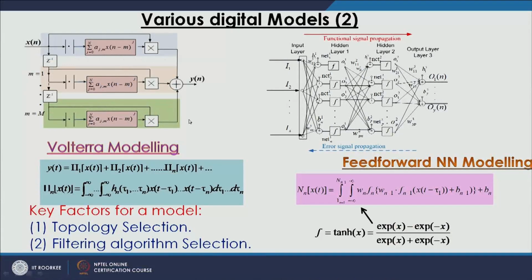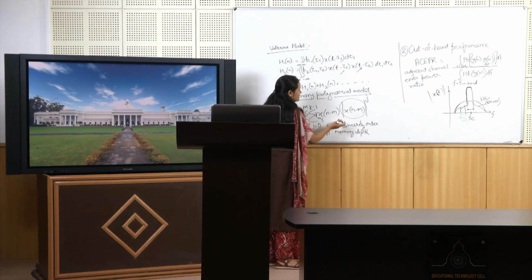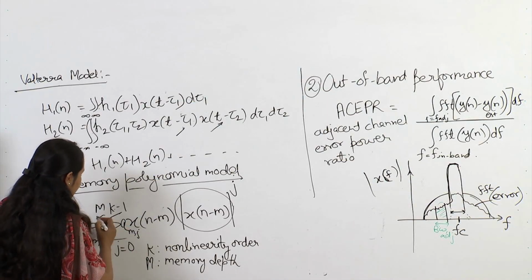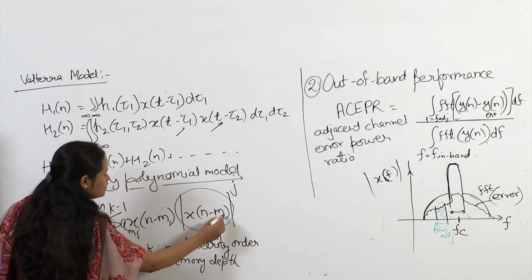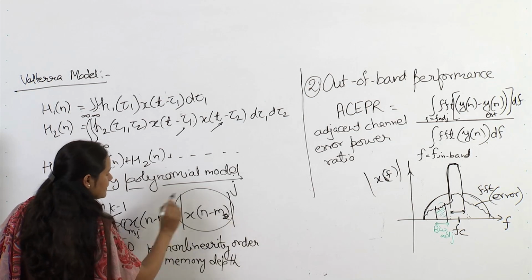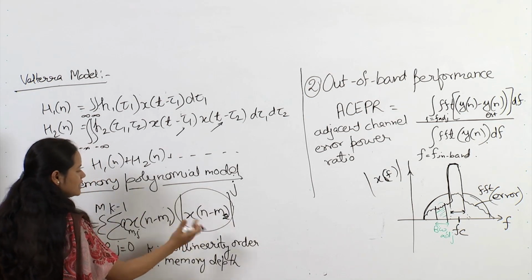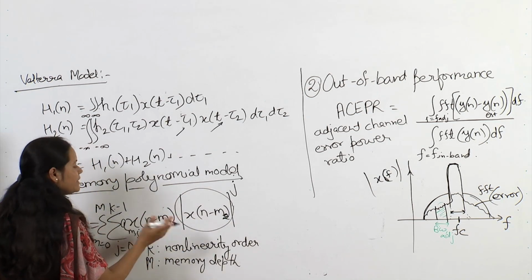So this was the polynomial based model, and as you can see, you can do many variations of this polynomial model. For example, if you allow them to mix and match, and you make two streams here, and m takes different values, m1 and m2, then it allows mixing and matching.